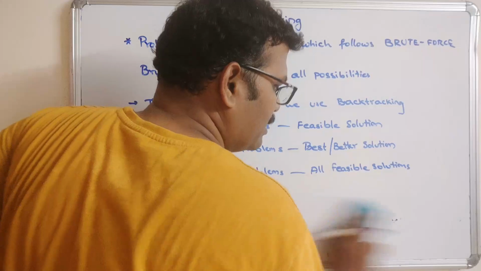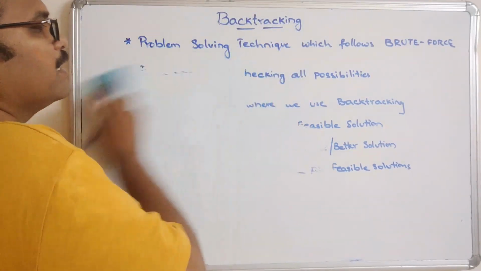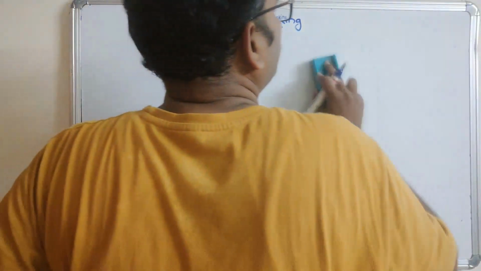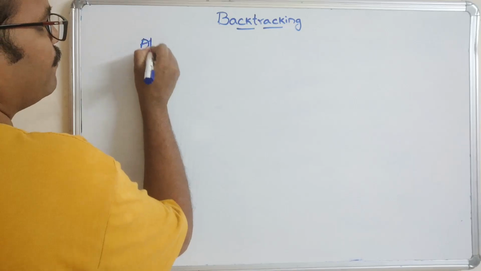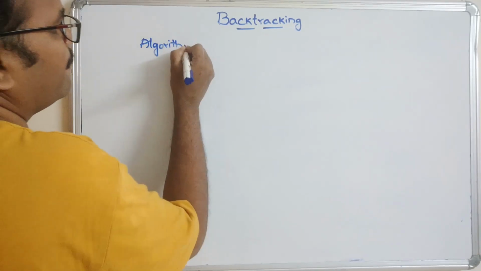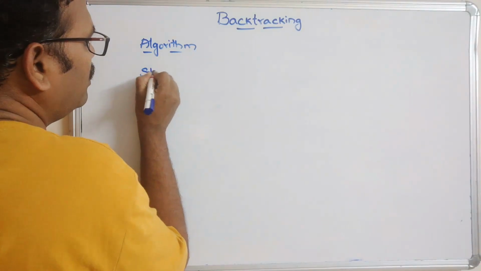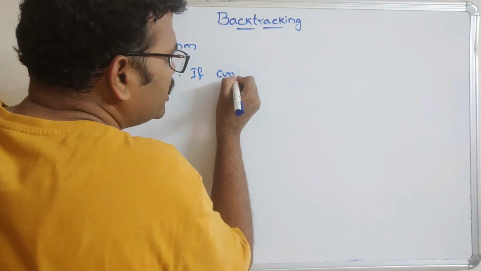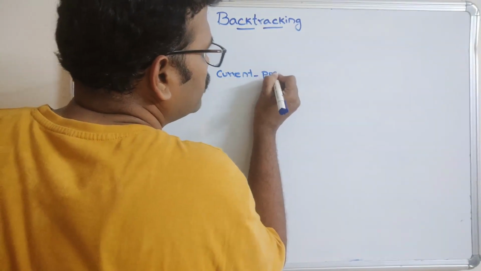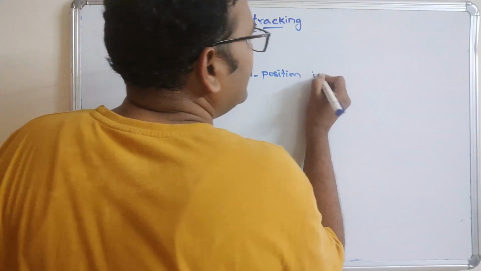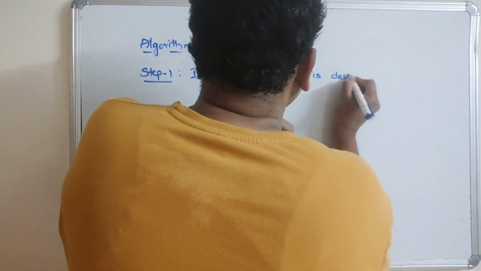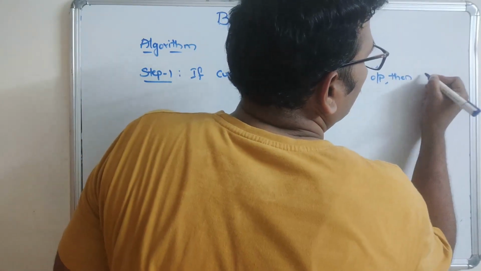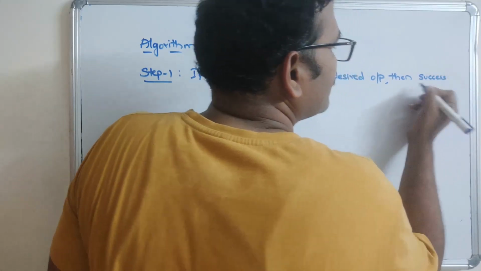Now let us see a simple algorithm, how the backtracking will be applied. Only 3 steps will be there. Step 1, if the current position is the desired output, then success.